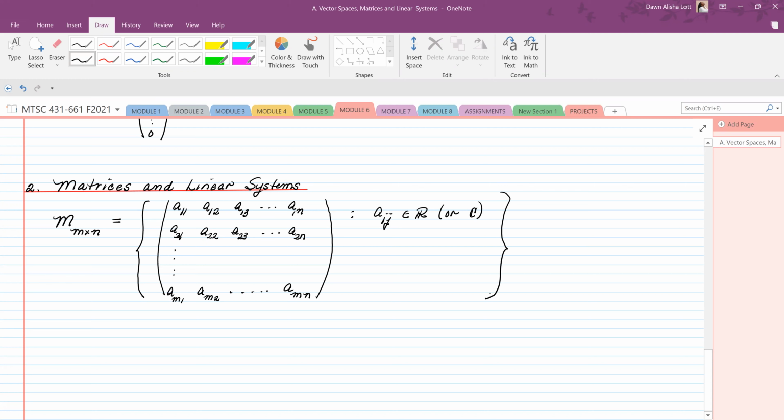Okay, so that is a vector space, the vector space of all M by N matrices.